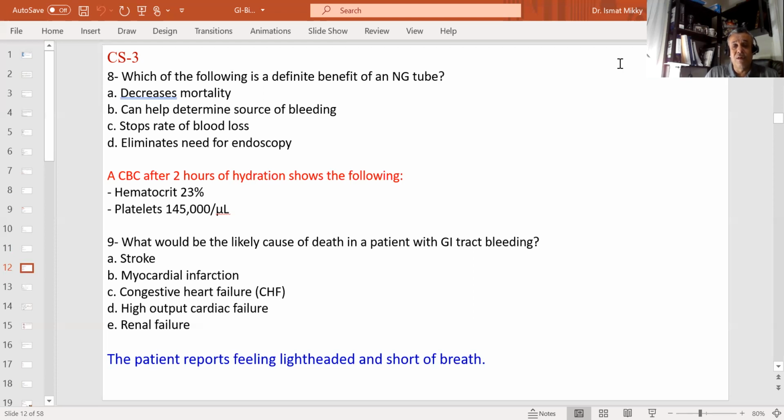Only the use of the NG tube definitely excludes an upper GI tract source if you see bile in the aspirate.